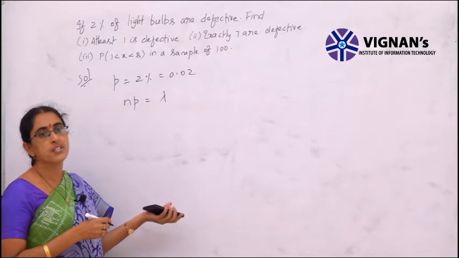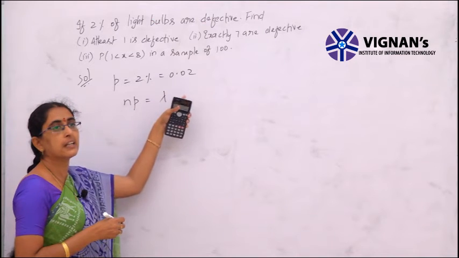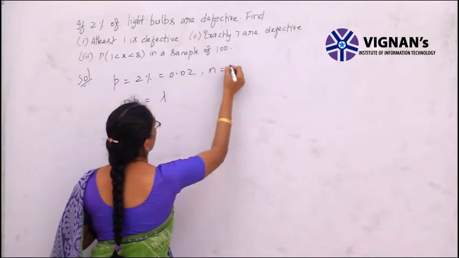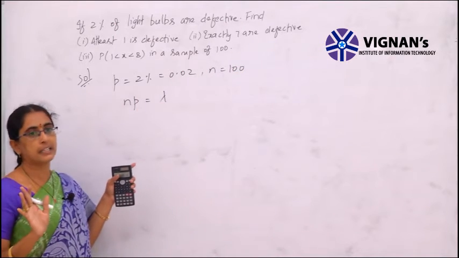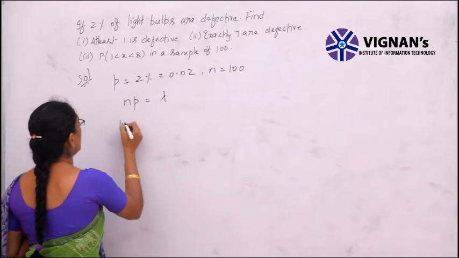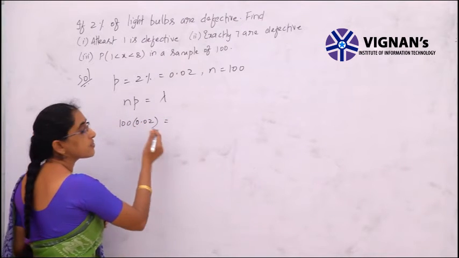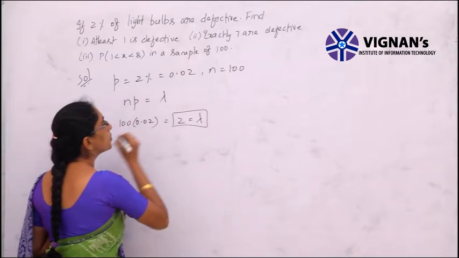That is mean of the Poisson is lambda. So we know the n value, we know the p value. So clearly we can get the lambda value here. So n is given as 100. Right? So if you write down the given data, definitely you will get 1 mark here. So 100 into 0.02. What is this value again here? 2. That means lambda equal to 2.